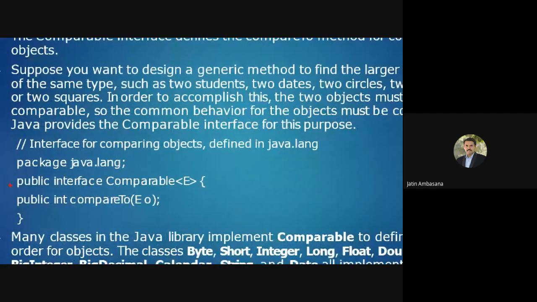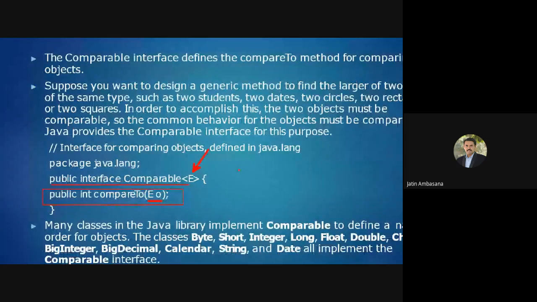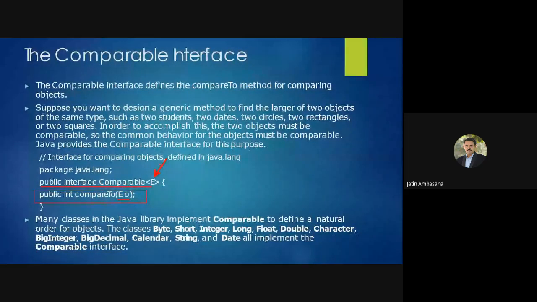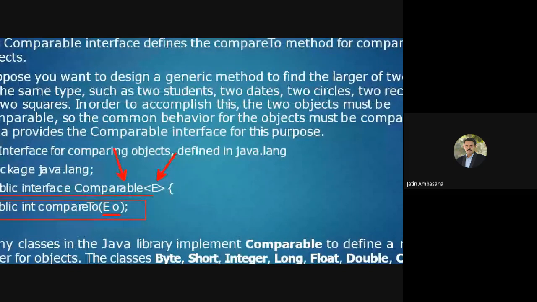Check this out. We say public interface Comparable. And this Comparable interface has a compareTo method, which will take an object of some type E. What is this E type? This is the generic type. Any type can be put over here. So this Comparable interface is a generic interface which can be made for any particular class.